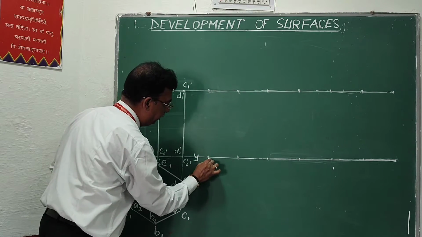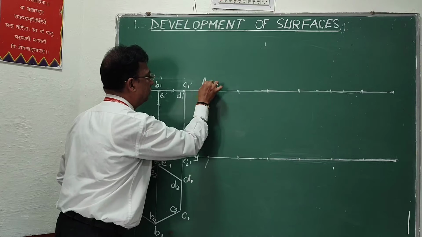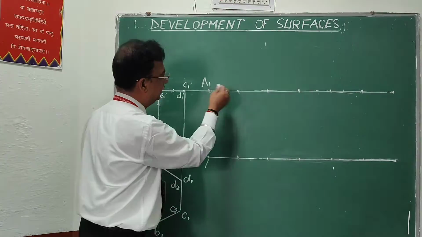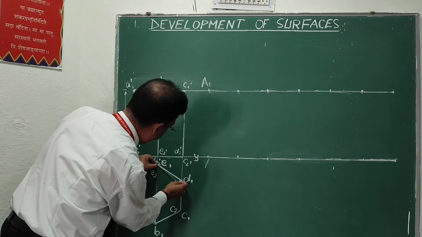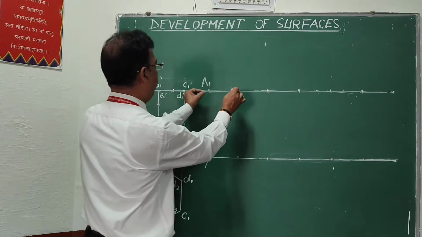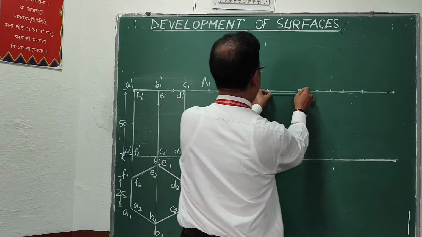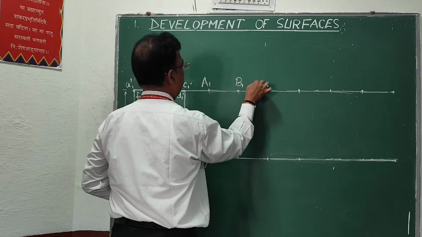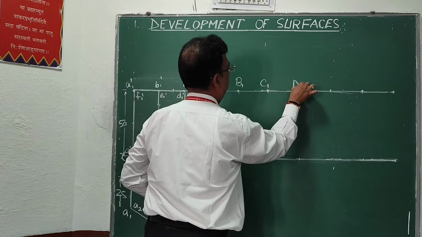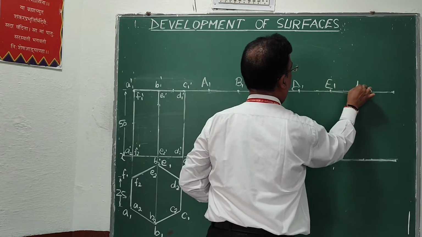Suppose this point will be A1. Now from this A1 I am going to open it, and I will take the length of the base from the top view. Any length from the top view I will pick and start marking 1, 2, 3, 4, 5 and 6, and the points will be A1, B1, C1, D1, E1, F1.